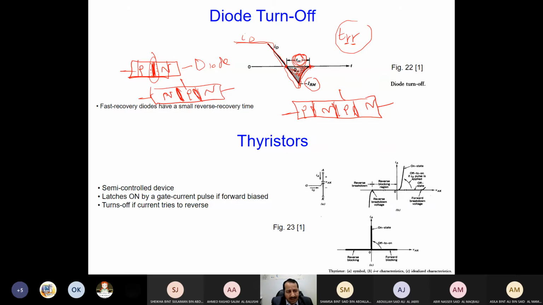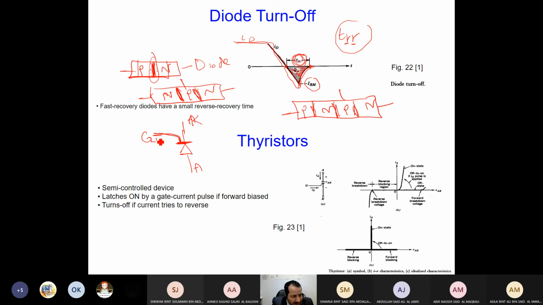How does the sample look? This is the sample, but I will sketch it again. You can see here, it's similar to a diode from this direction, but here you see this is anode, cathode, and this is the gate. The gate is connected to this point.